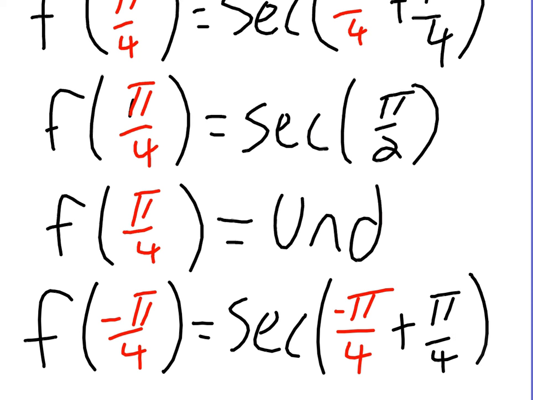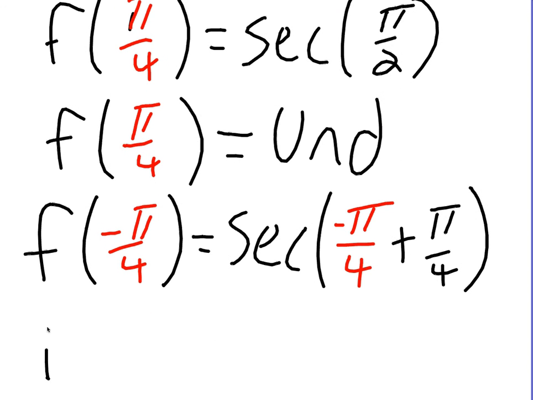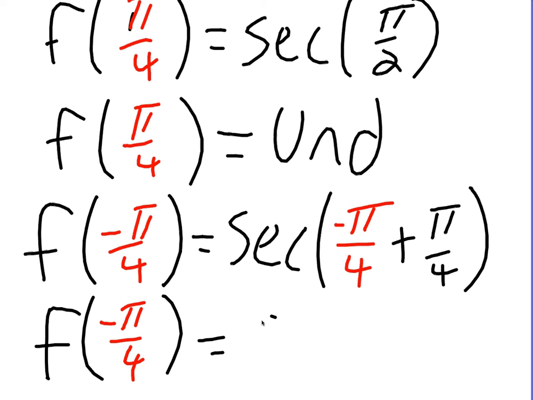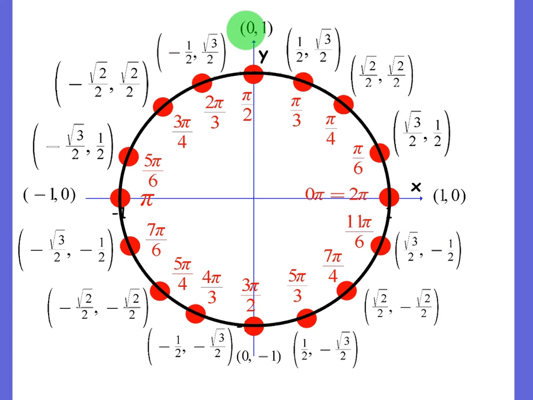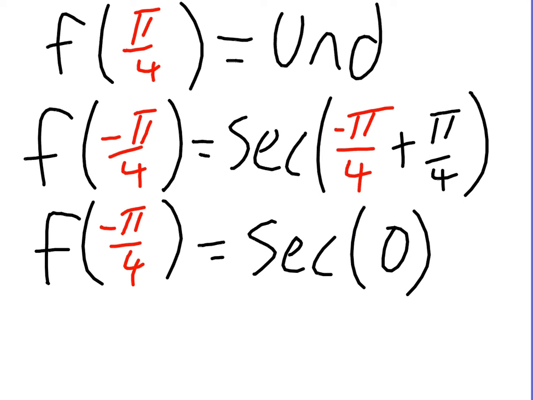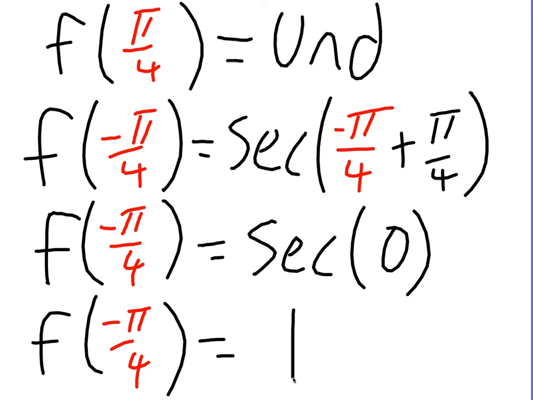So obviously, negative pi over 4 plus pi over 4 is just 0. Okay, and going back to the unit circle, the x value at 0 is 1, secant is 1 over x, so secant is 1. So the final answer for this, f of negative pi over 4, I wish my handwriting was quicker and neater, is equal to 1.